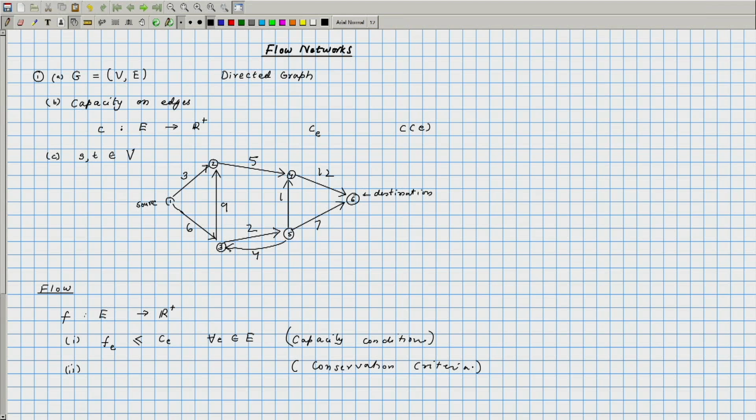This should be satisfied for all nodes except source and destination. So, we will just write this as inflow should be equal to outflow.